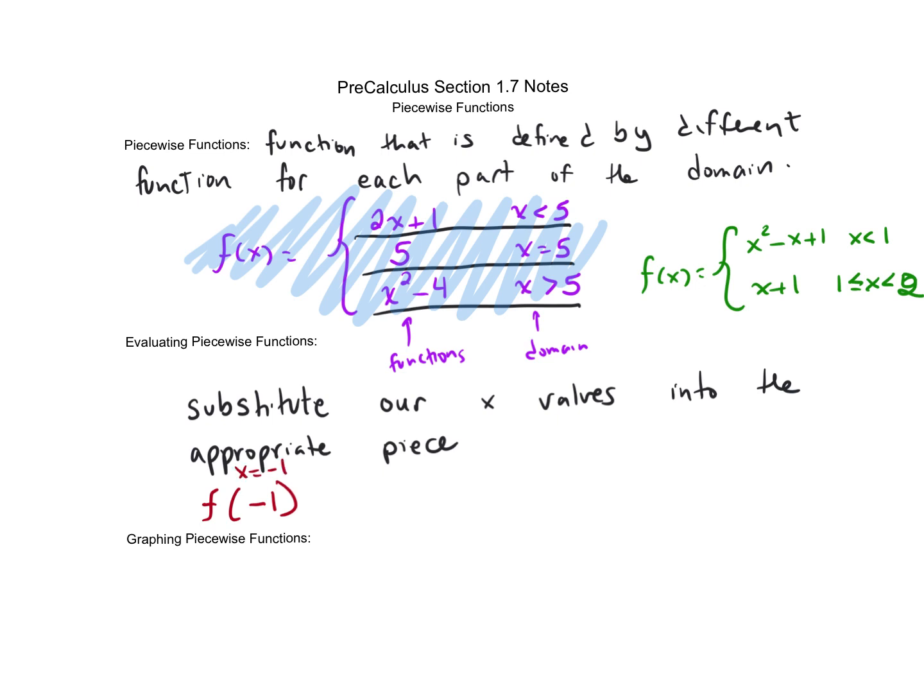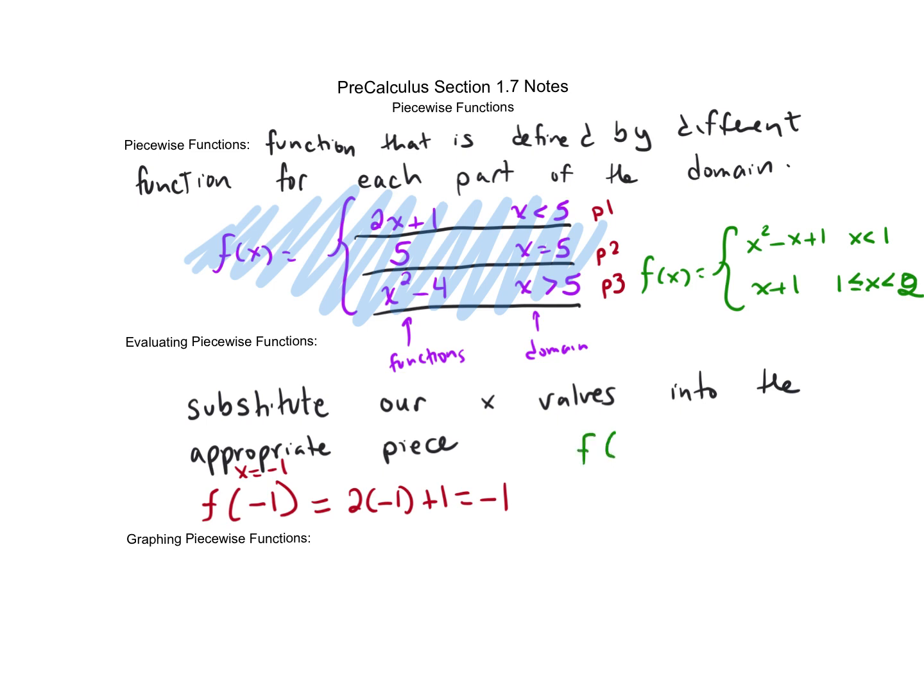This is saying x is negative 1. We have three pieces here, piece 1, piece 2, and piece 3. Based on these domain pieces, I have to figure out which part would contain negative 1. It's going to be piece 1, because piece 1 is where I plug in all x's that are less than 5. So I put in 2 times negative 1 plus 1, which is negative 1. You just have to figure out which piece you're plugging in and then substitute it in.